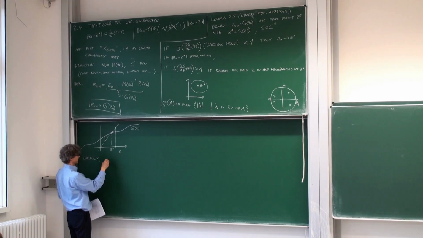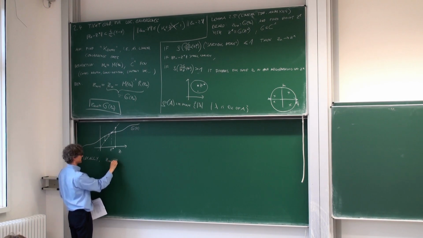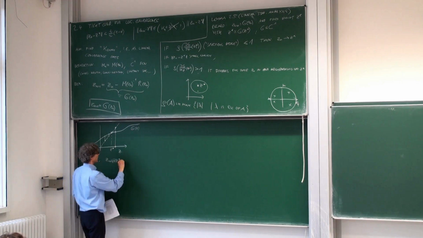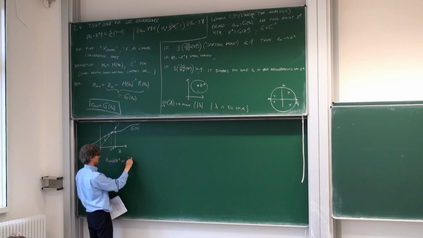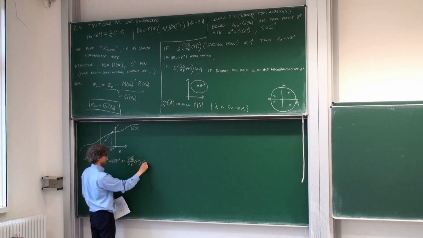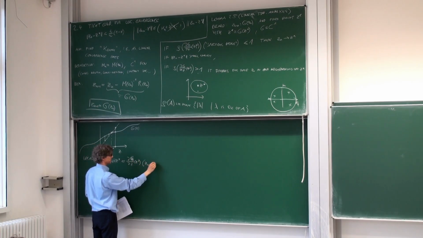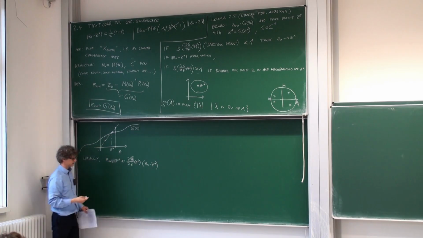Locally, we will have that z_{k+1} minus z star is approximately equal to dg by dz at z star times z_k minus z star plus higher order terms.